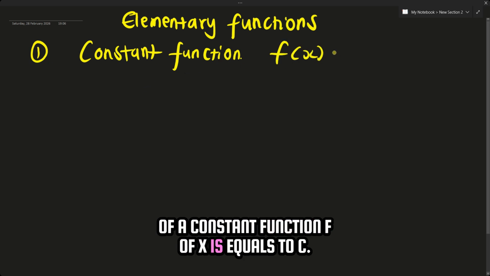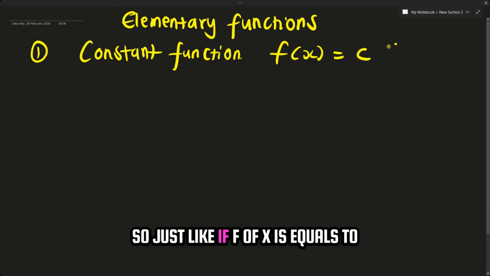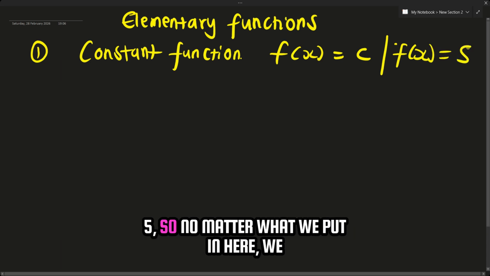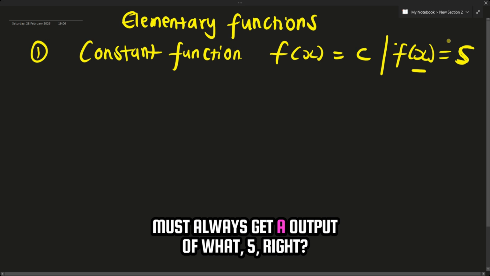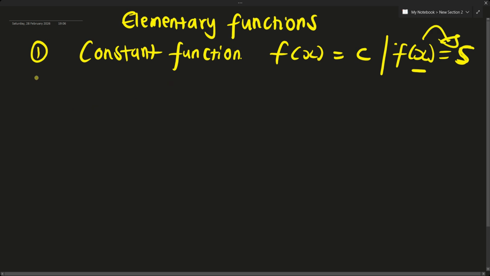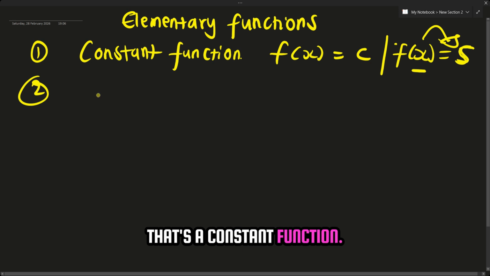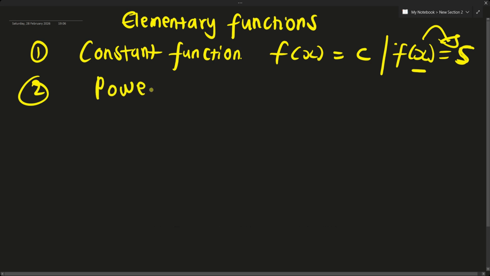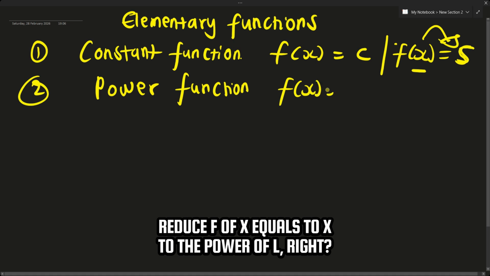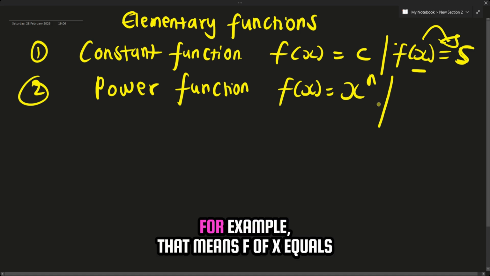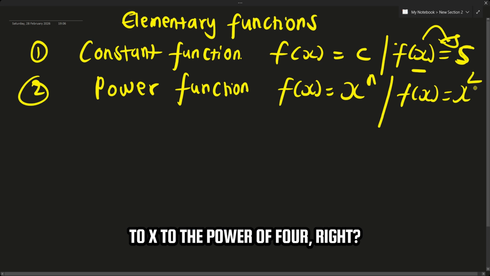F of x is equal to c. Just like if f of x is equal to 5, no matter what we put in here, we must always get an output of 5, right? That's a constant function. We have a power function, which is f of x is equal to x to the power of n, right? For example, f of x equals x to the power of 4, right?